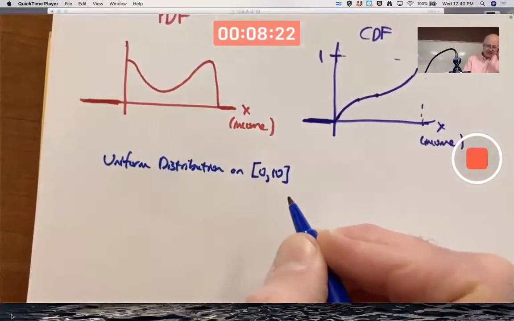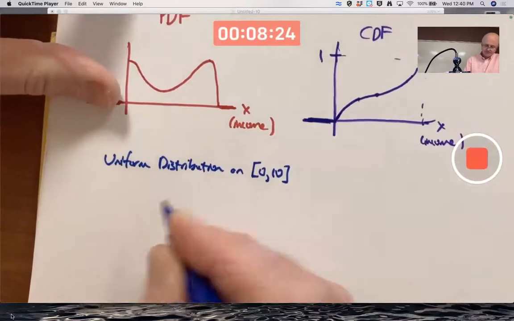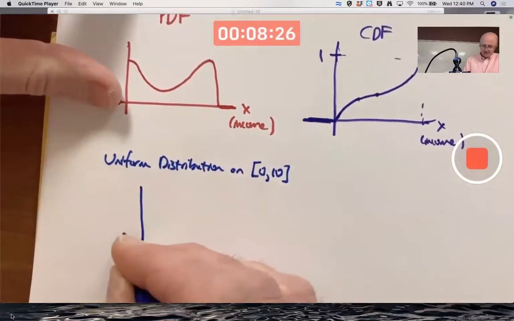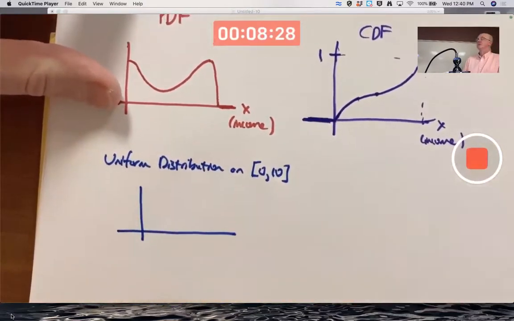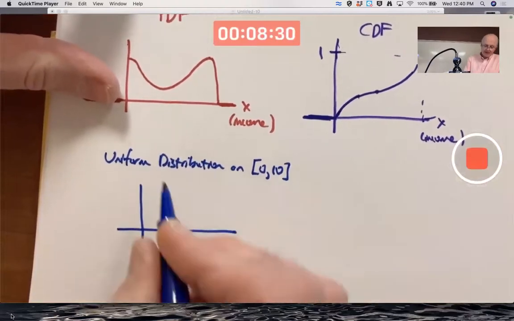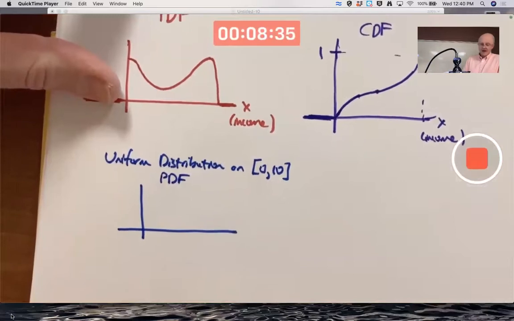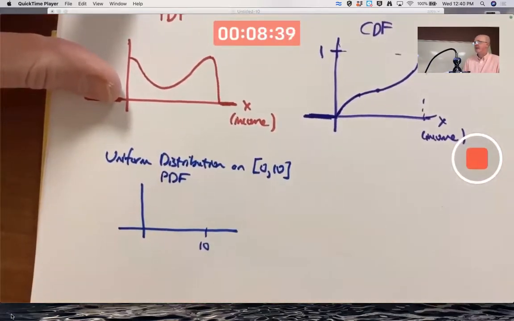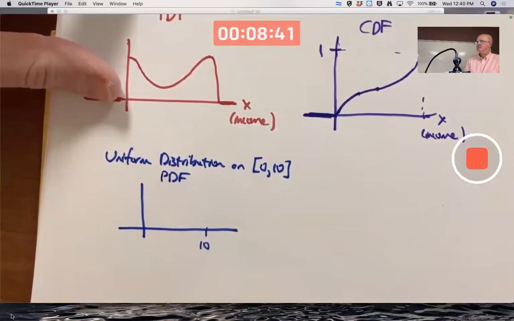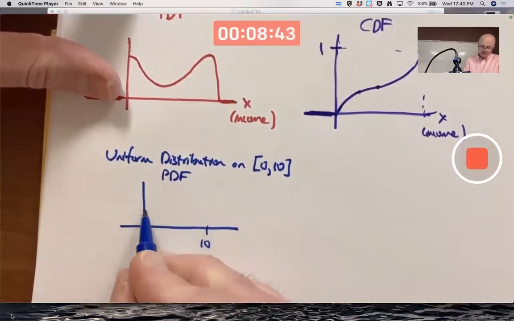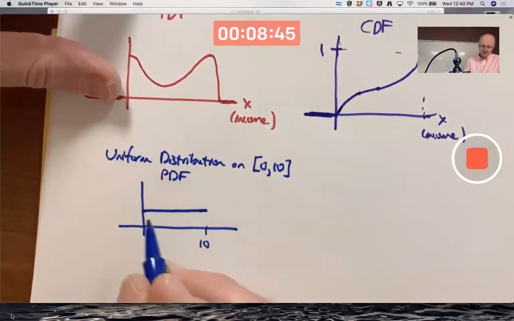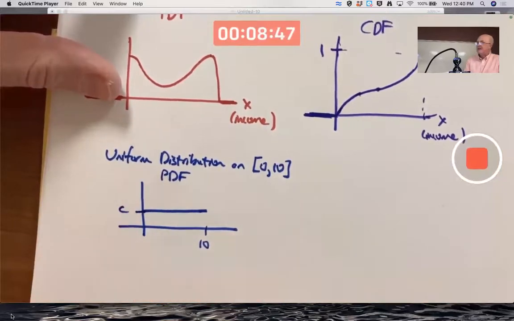So that's interval notation. What I'm hinting at by saying uniform distribution is that the PDF graph, the probability density function, when x is between 0 and 10, is going to be some constant positive value. Some horizontal line there, where the output is C, and you have to figure out C like you did in some homework problems.